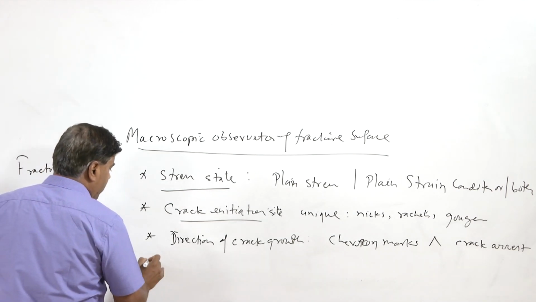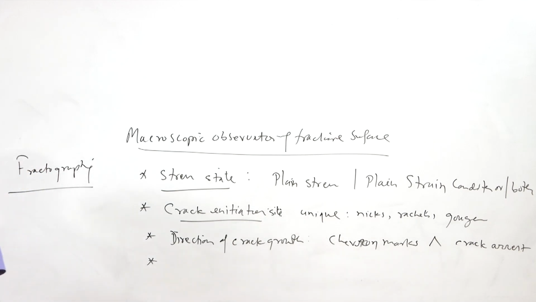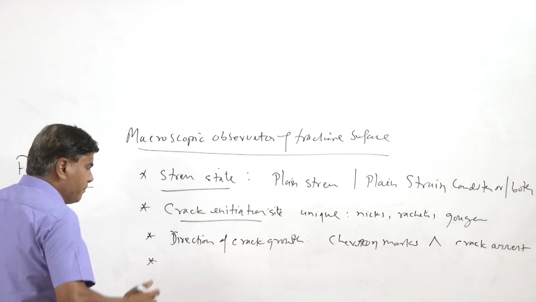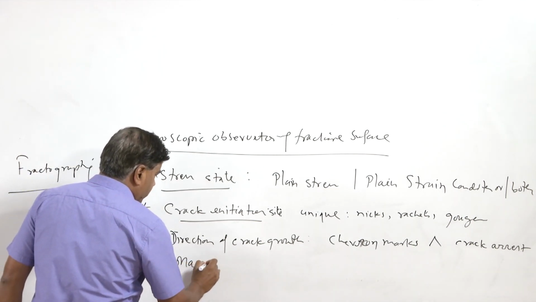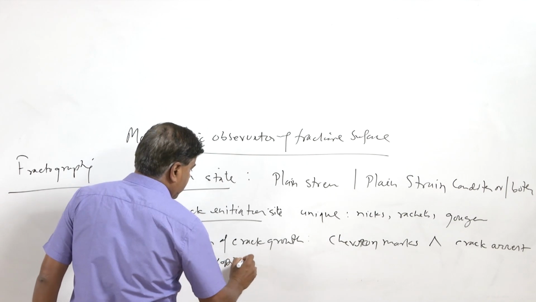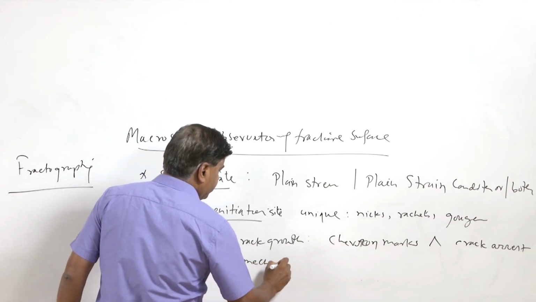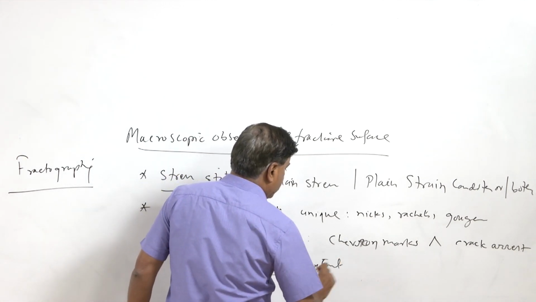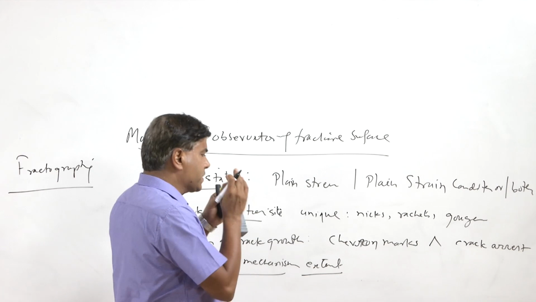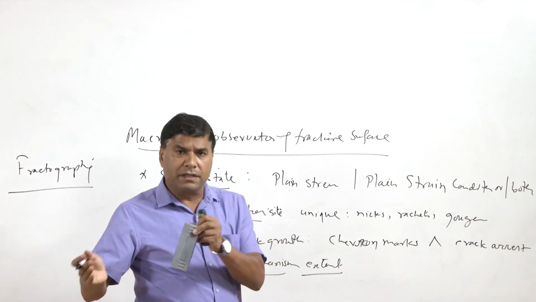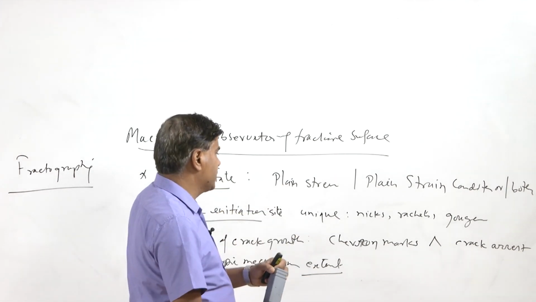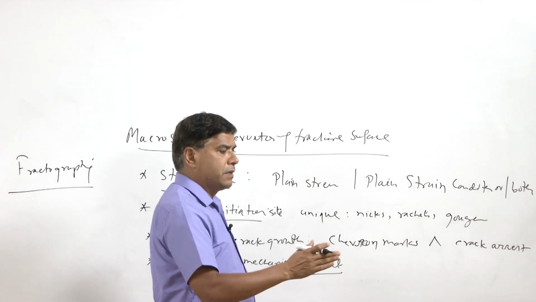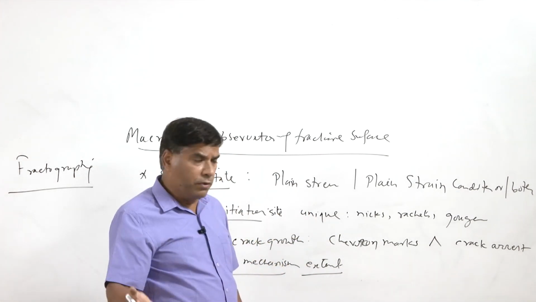And then there are various other features, say the macroscopic mechanism, the extent up to which plane stress conditions are there, the extent up to which plane strain conditions are there, or the extent up to which the fatigue fracture is there, and thereafter overload fracture is taking place.